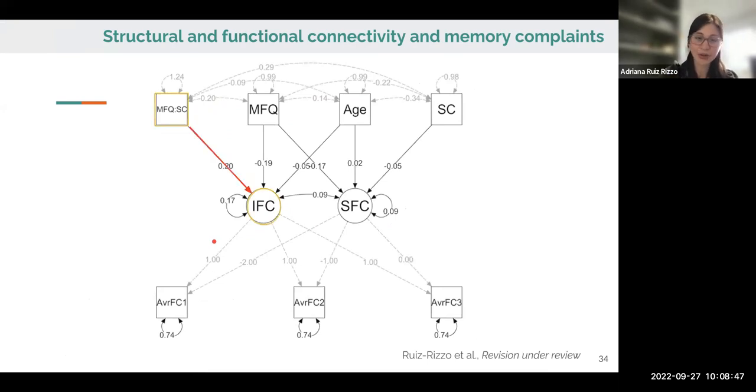So to make it clear here, we found that the interaction between memory complaints and structural connectivity on the mean functional connectivity was significant. None of the direct effects from memory complaints on the mean or the rate of change were significant.